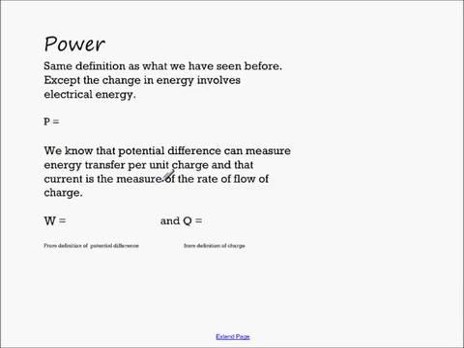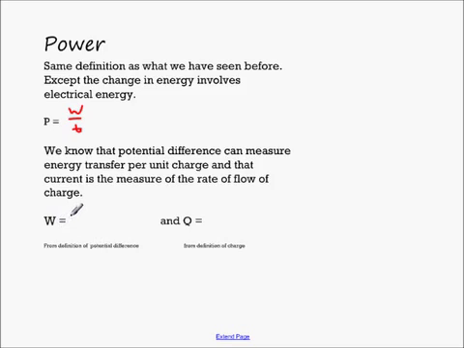Power. Same definition of what we've seen before. It's the change in energy involved with its energy. So what is the power equation? The power definition is work over time. We know that the potential difference can measure energy transfer per unit charge, and the current is a measure of the rate of flow of charge. So what's the definition of work according to potential difference?